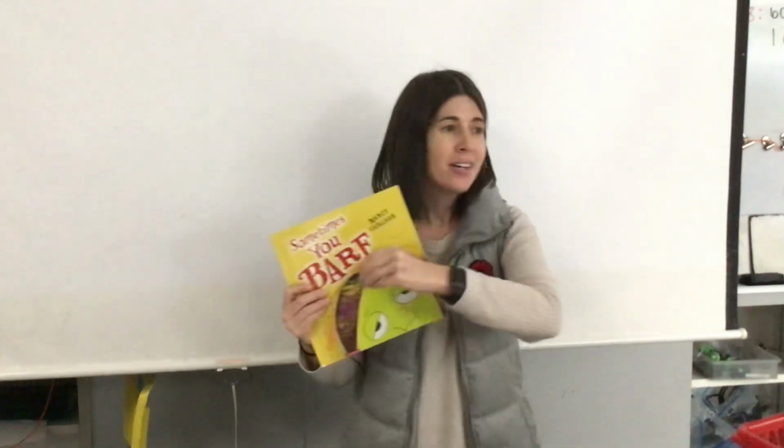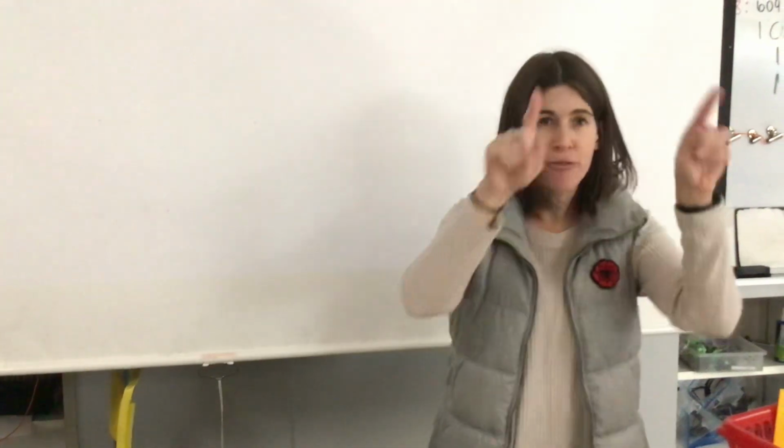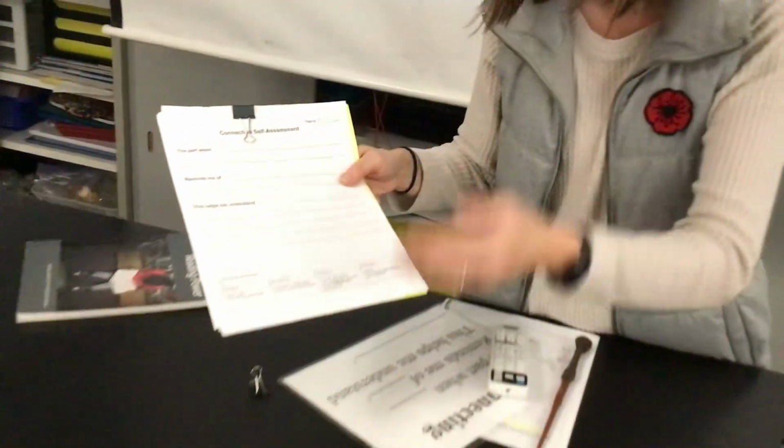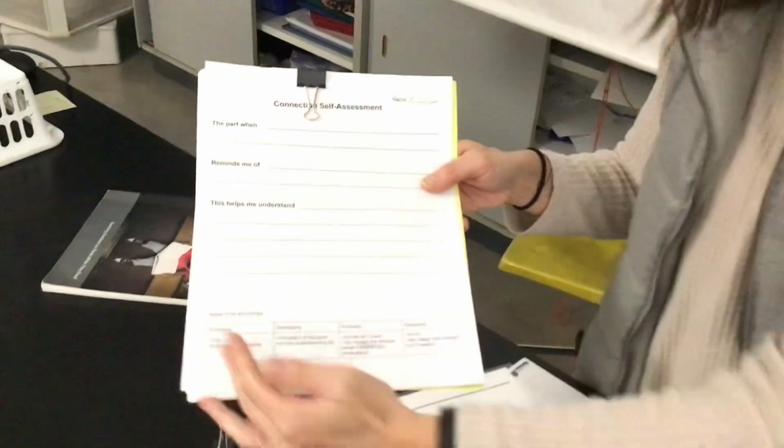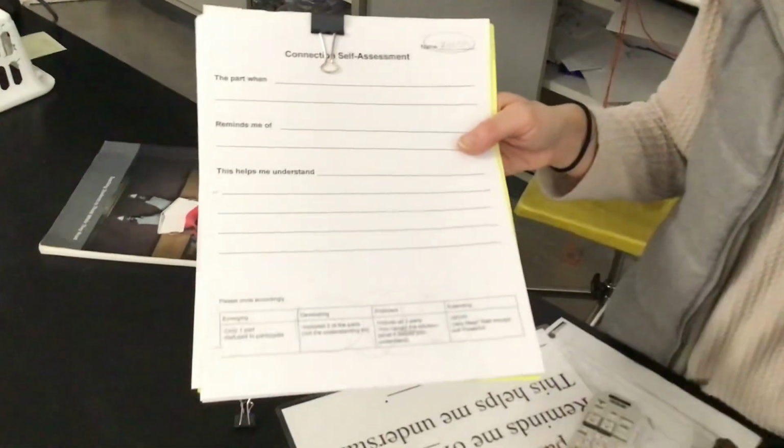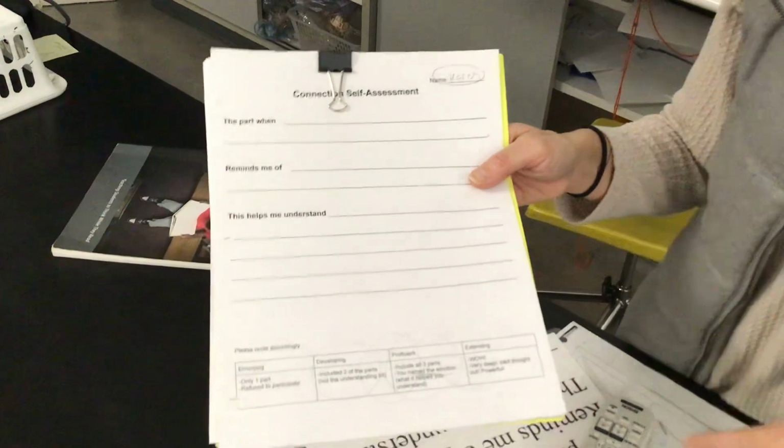So at this point, you've probably orally heard a lot of their connections, but as teachers, we like to have something concrete to prove it. So they've written down their ideas, jotted them down on this bright sheet, and then I just made this up. If you wouldn't mind coming a little closer, Mr. Lauser. I should mention, we as a class created this rubric when we first started discussing connections.